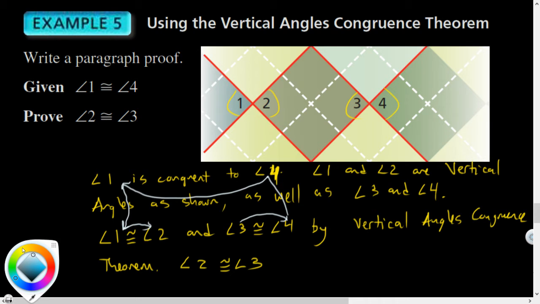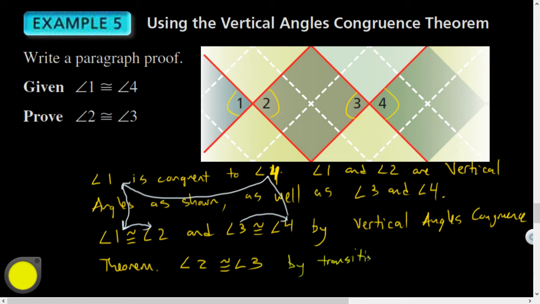Even if you couldn't figure out the right chain, the reason is transitive property of angle congruence. Wow. Lovely. I think I spelled that.